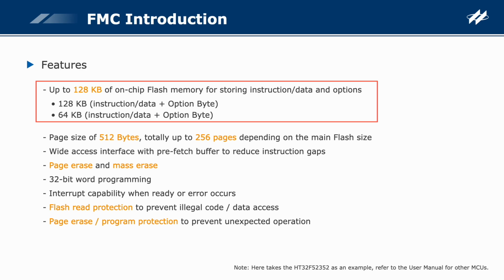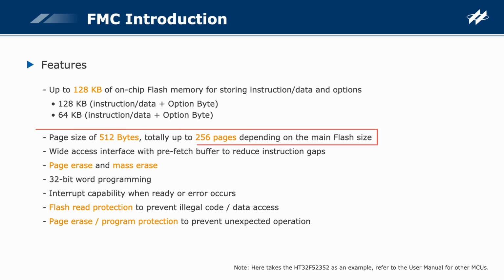If the main flash block is 64 KB, 63.5 KB are used to store instruction or data, and 0.5 KB are used to store the option byte. Note that the 4 KB block cannot be programmed or erased by the user. Therefore, the following description is for the main flash block. The 128 KB flash memory is divided equally into 256 pages, where each page is 512 bytes.